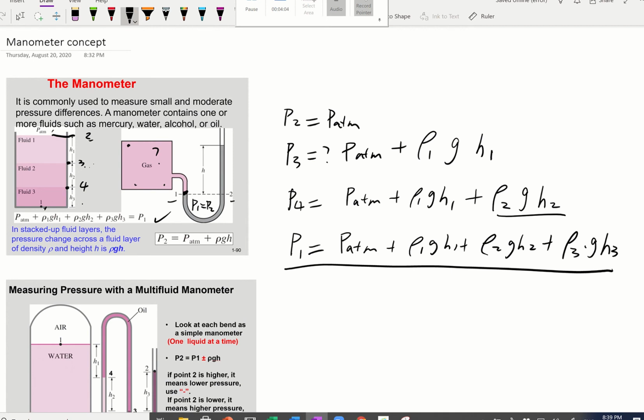In other words, the pressure of the gas is equal to P1. And you also know P1 is equal to P2. If you know P2, then you find P1, and then you find your gas pressure.